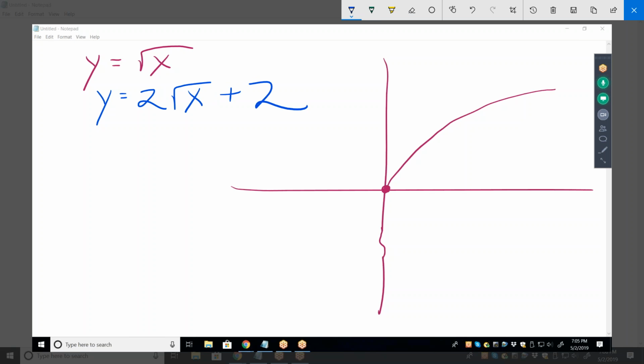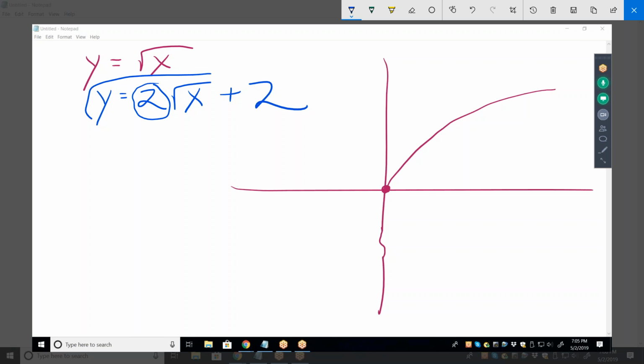All right. You remember transformations? There are 6 basic transformations of all of your elementary functions. No, I do not. Okay. Well, when you have a number multiplying the function, that is a vertical stretch factor.